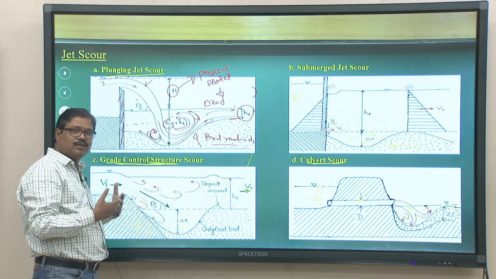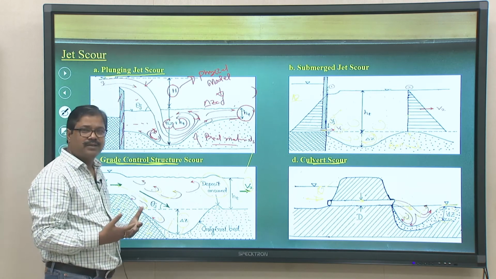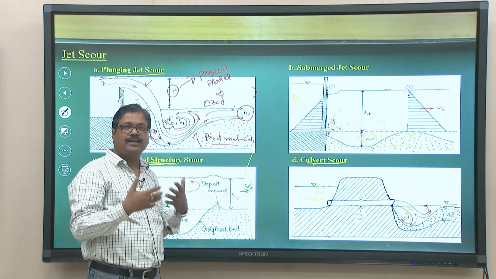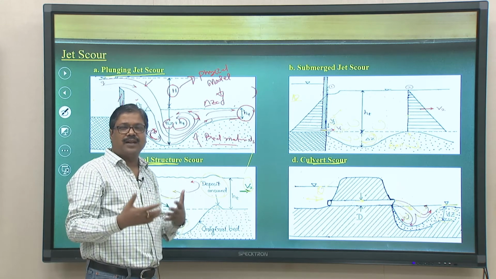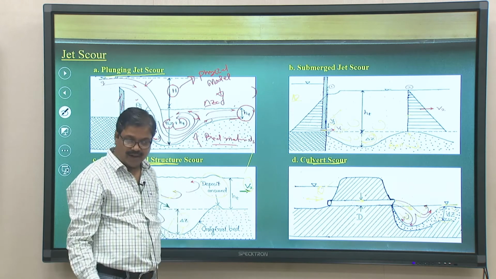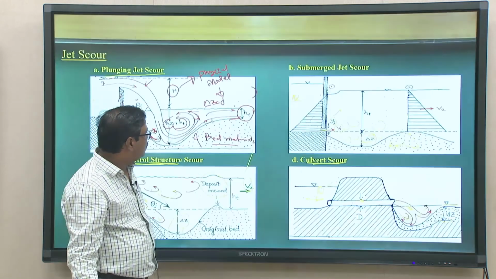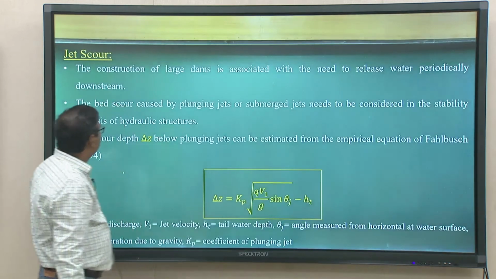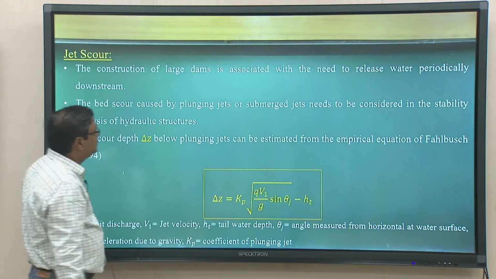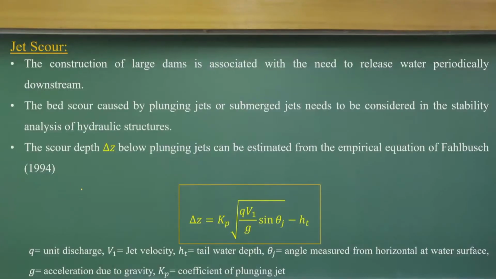Now let us come to the empirical equations, which are derived by conducting a series of lab experiments, physical experiments, scaled-down experimental setups. Here we release the water periodically downstream, and plunging jets or submerged jets need to be considered to look at the stability analysis of hydraulic structures.